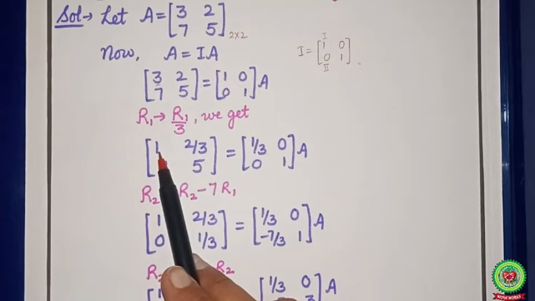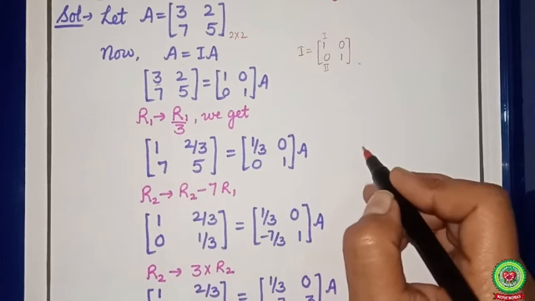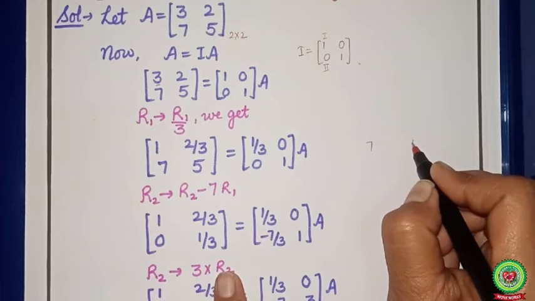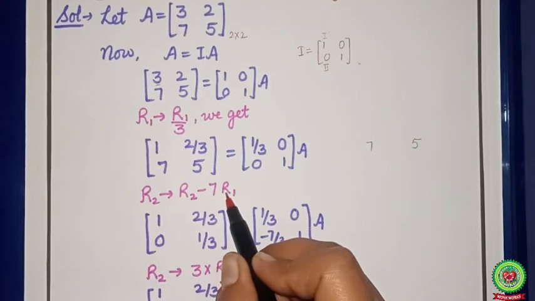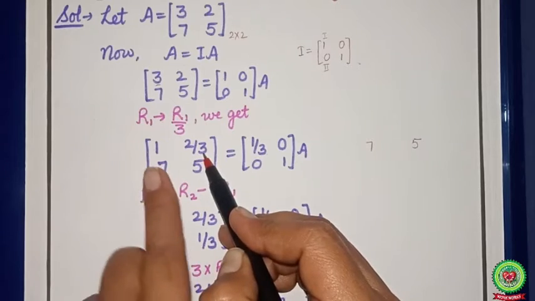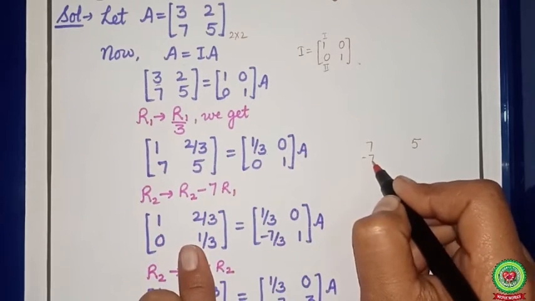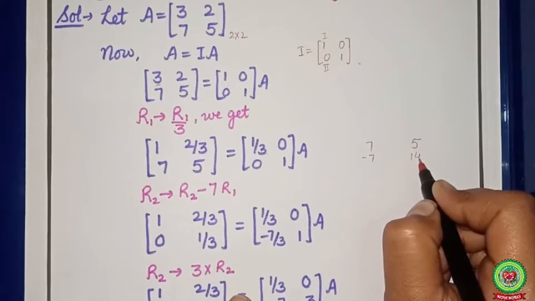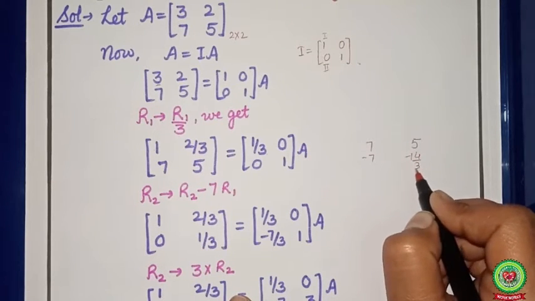First row is multiplied 7 times. So here I am doing the calculation. Second row is 7 and 5, minus 7 times R1. First row is multiplied with 7. So we get minus 7, and here it is minus 14 upon 3.